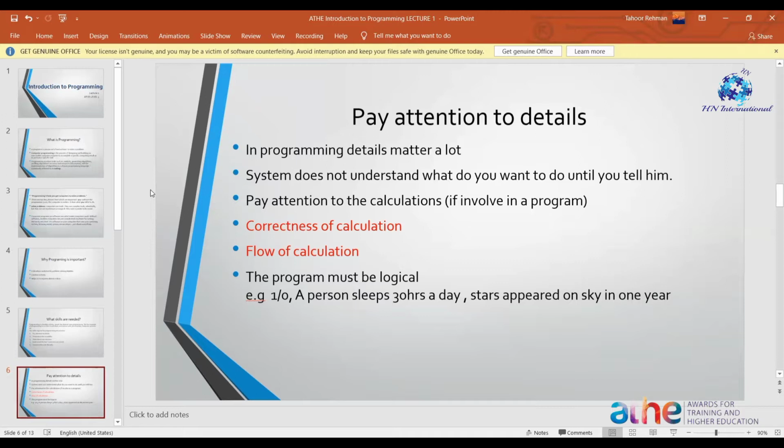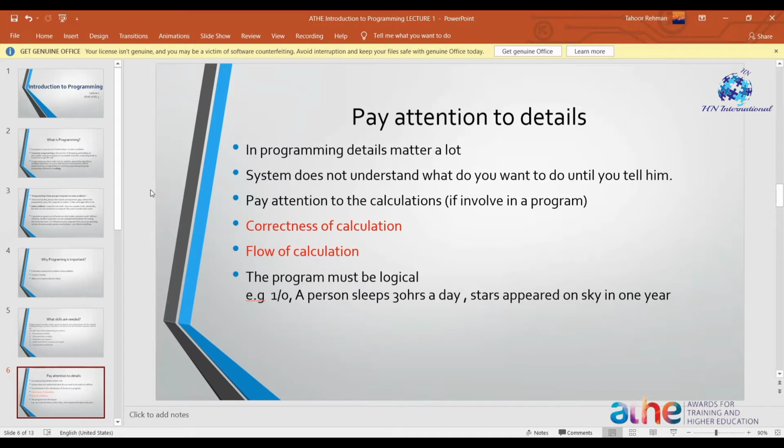If you are doing multiplications, these are the basic logics of a program, like what you are going to perform, multiplication, addition or subtraction.